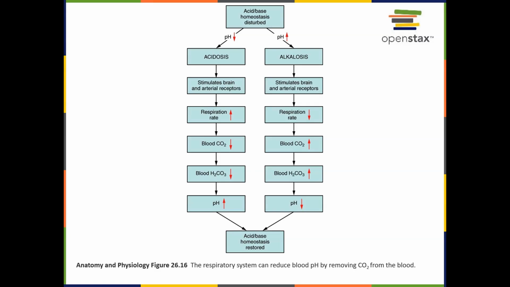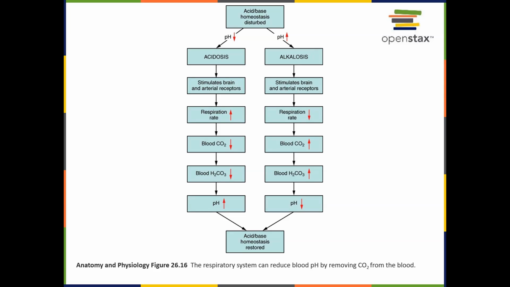Another example of a negative feedback loop is maintaining pH homeostasis, or acid-base balance. If the hydrogen ion concentration of the blood is too high, that means pH is too low, what we call acidosis.